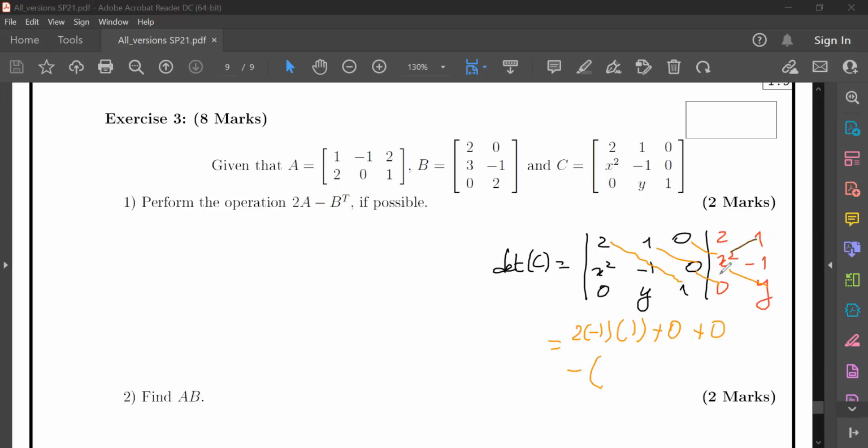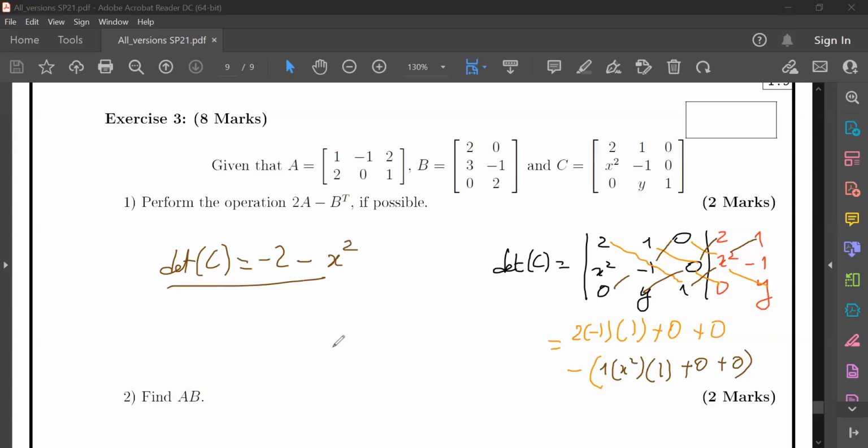The other way, 1 times x squared times 1 plus 2 times 0 times y, 0 plus another 0, which gives, so the determinant of C is minus 2 minus x squared.